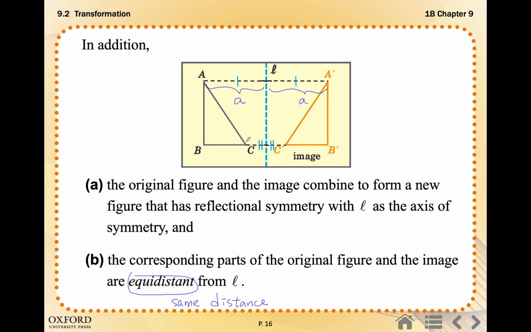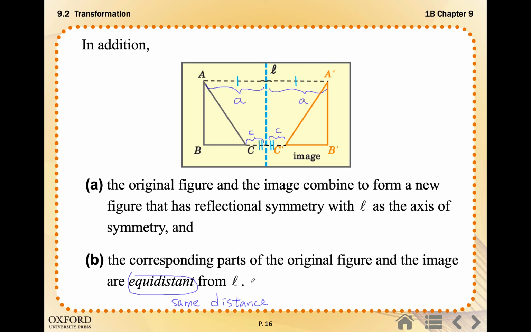For example, for point C, the distance between C and L, I may call it c, and then this distance also equals c. Then you can draw the refraction easily by using this property, because the corresponding parts of the original figure and the image are equidistant from L, that means equidistant from the axis of refraction. So this is a very important point you have to note.